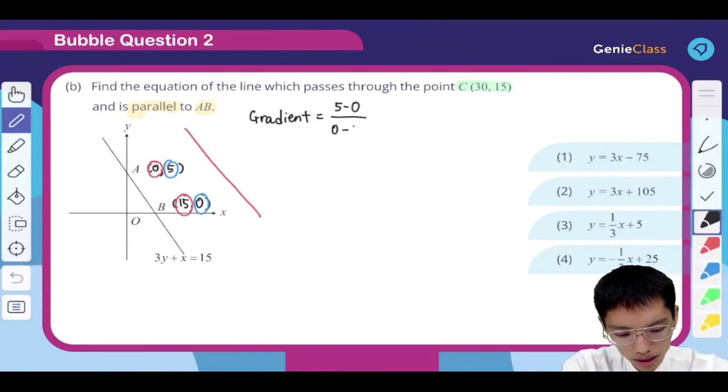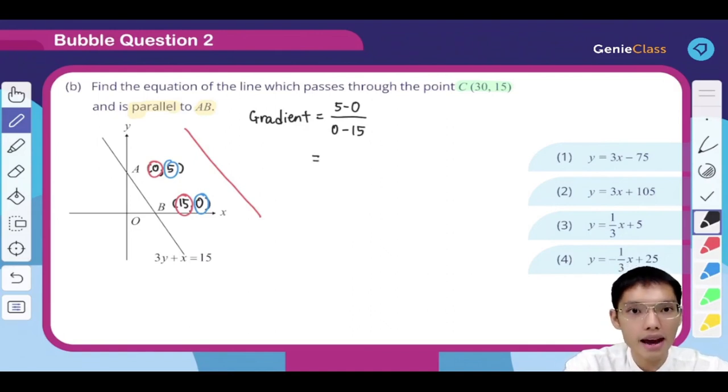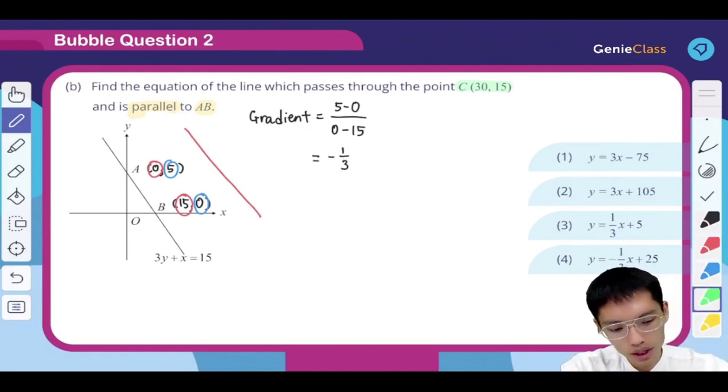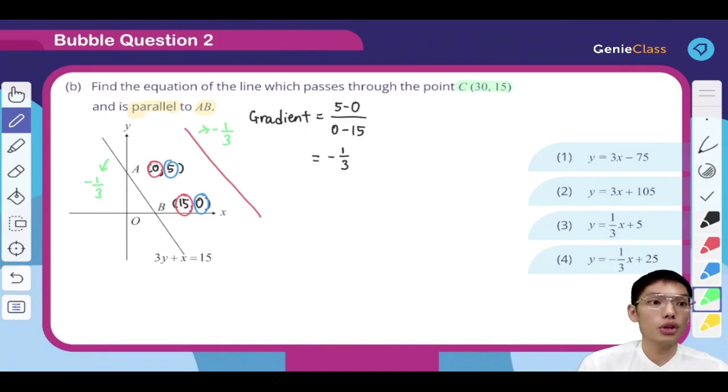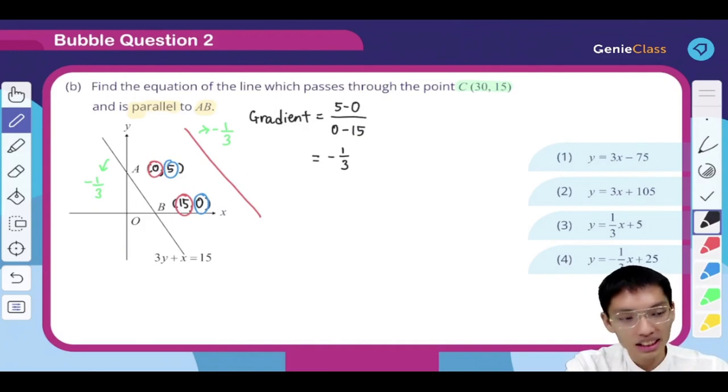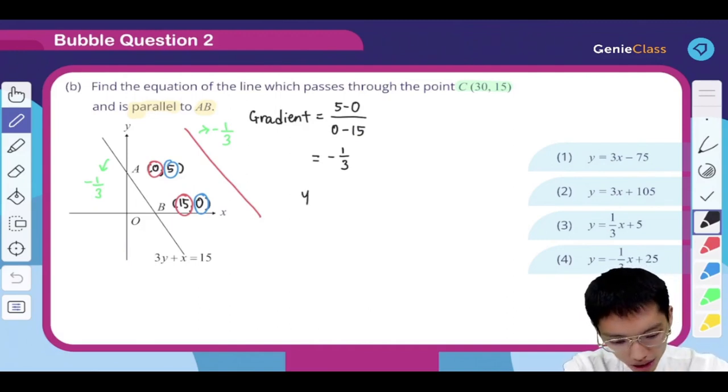So 0 minus 15 gives me -1/3. If this is -1/3 and this is -1/3, and I take the ratio, it should be 1:1. There might be some confusion over here, but the ratio should be the same. Is that okay?